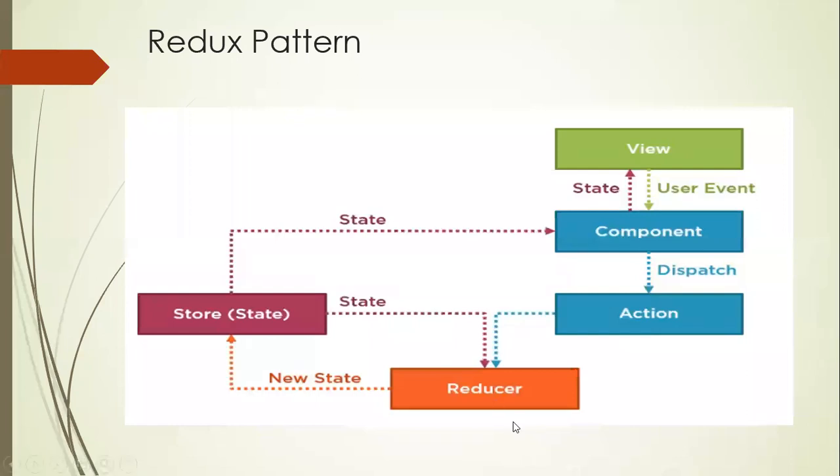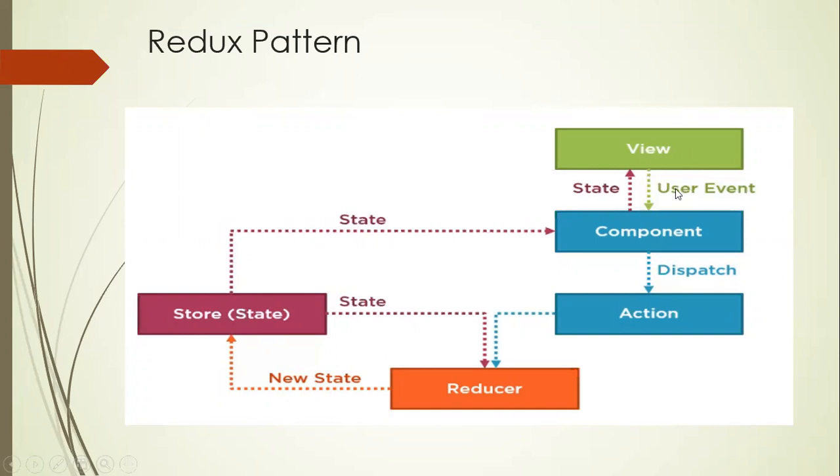And what is the reducer? The reducer is just like a storekeeper, which is responsible for modifying the store. And the store is a centralized location to maintain your application data. So the flow works like this.